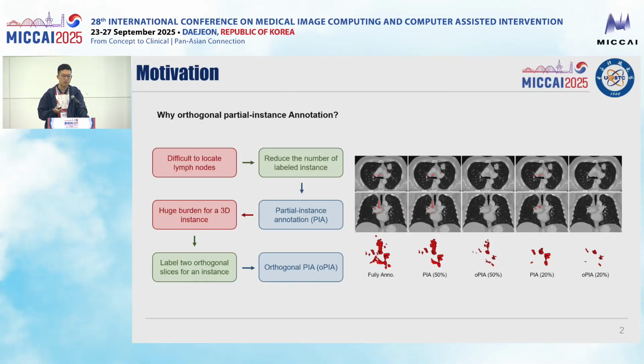So we just select two orthogonal slices for each instance. We call it orthogonal partial instance annotation, and the visualization of the two kinds of annotation can be seen on the right.